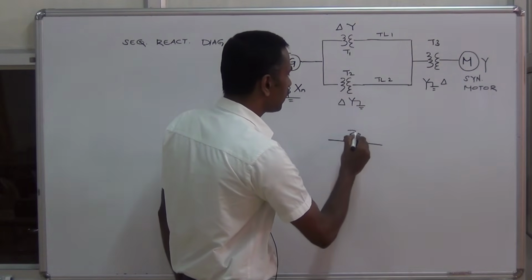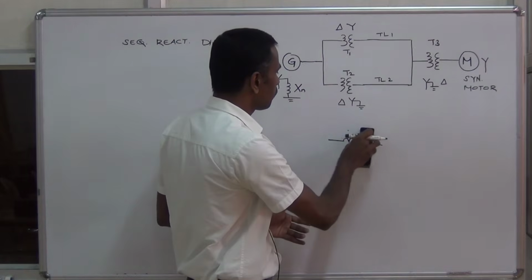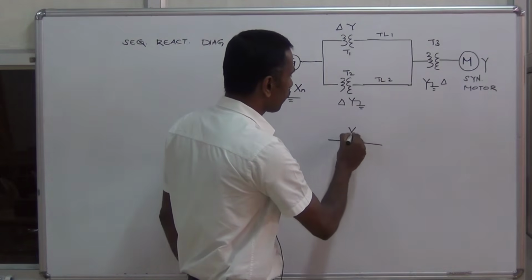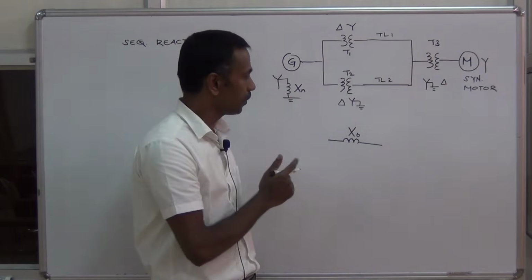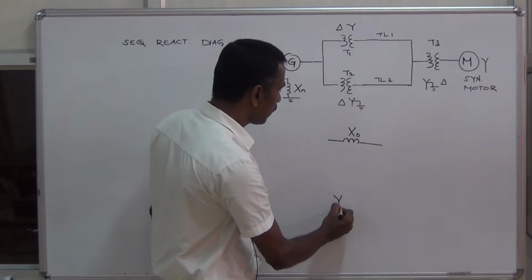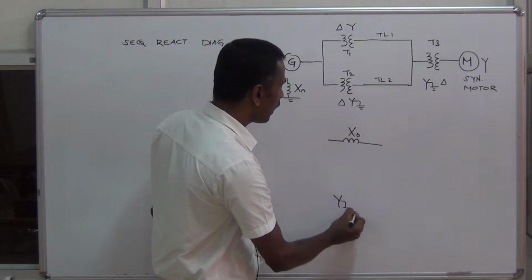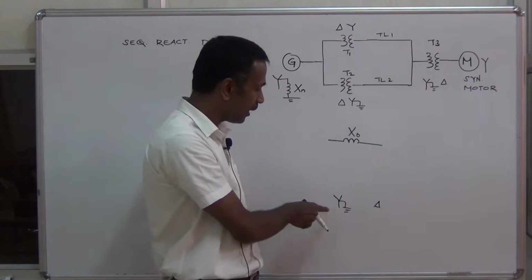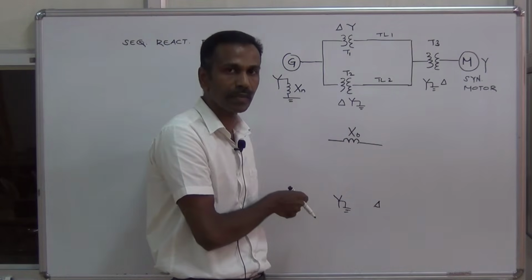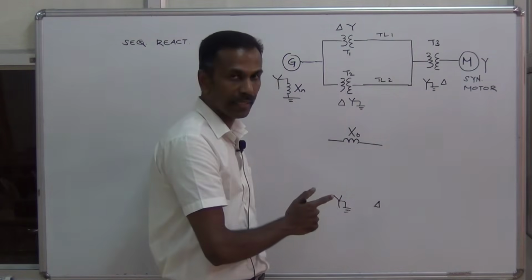Suppose this is the zero sequence reactance of a particular transformer. We consider this is star grounded with a delta. On the primary side, it is star with neutral grounding, and on the secondary, it is delta.